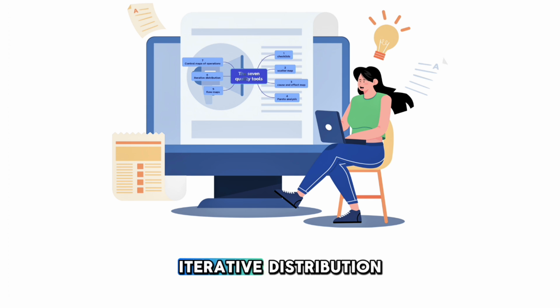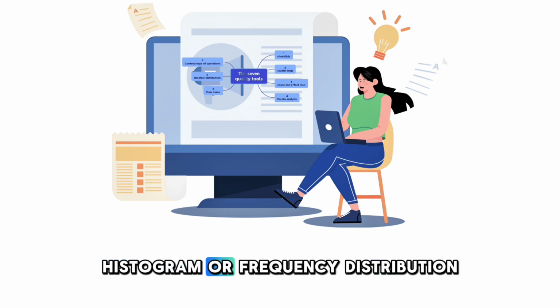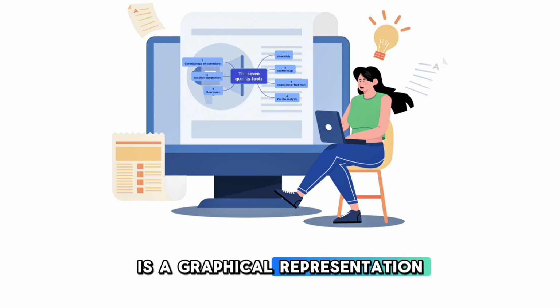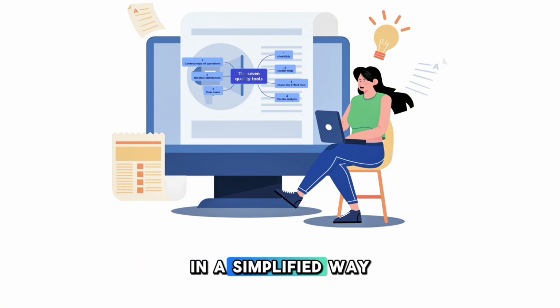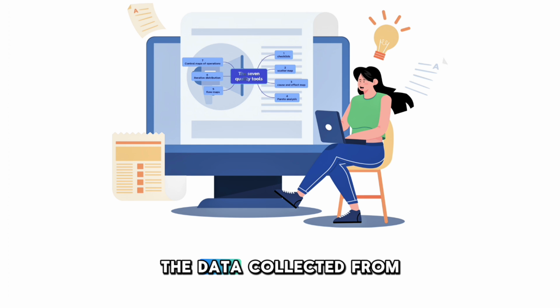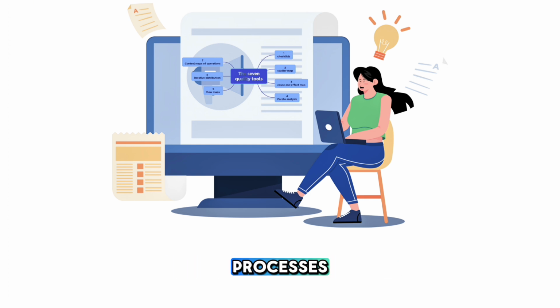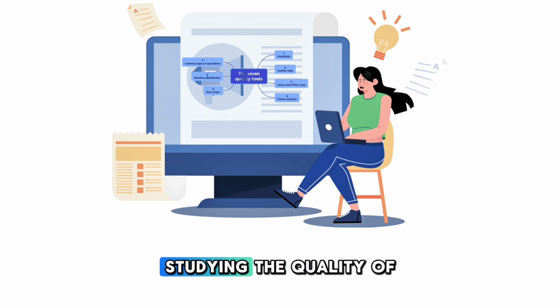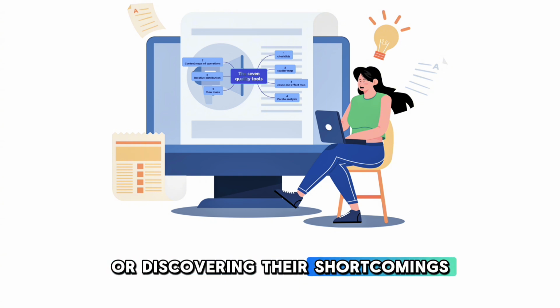6. Histogram or frequency distribution. It is a graphical representation that allows in a simplified way to analyze the data collected from production and service processes with the aim of studying the quality of their output or discovering their shortcomings.